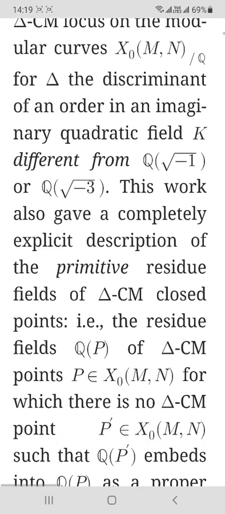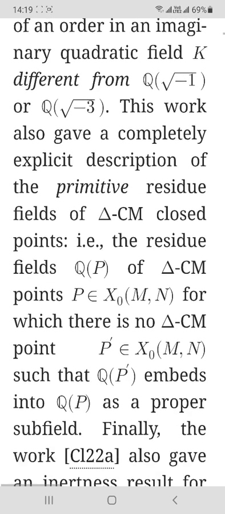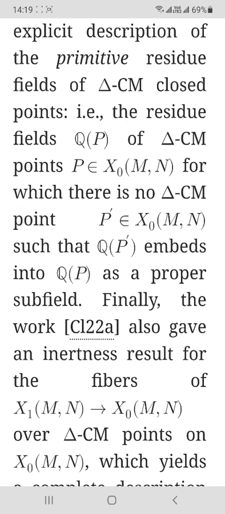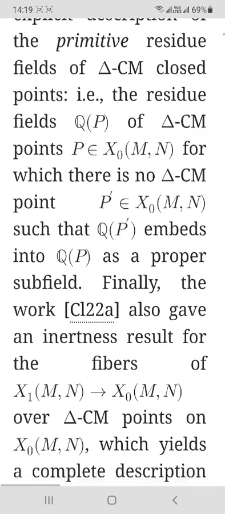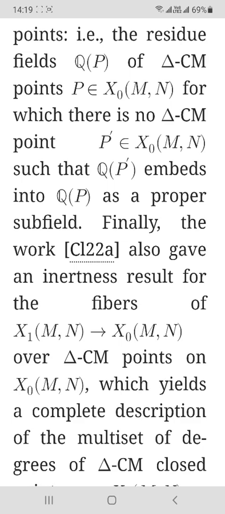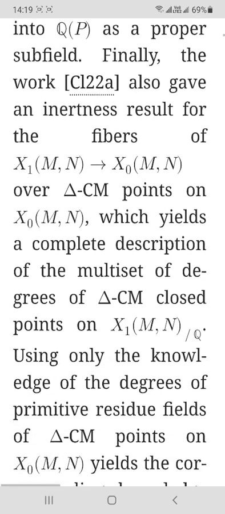This work also gave a completely explicit description of the primitive residual fields of delta CM closed points, i.e., the residual fields Q(P) of delta CM points P belonging to S0(m,n), for which there is no delta CM point P prime such that Q(P prime) embeds into Q(P) as a proper subfield.